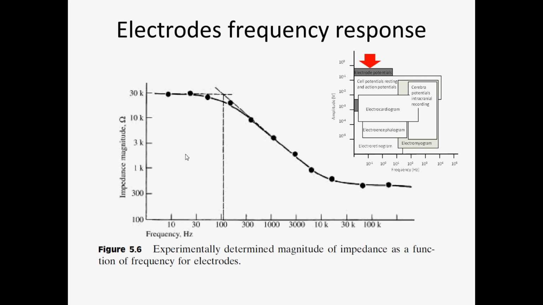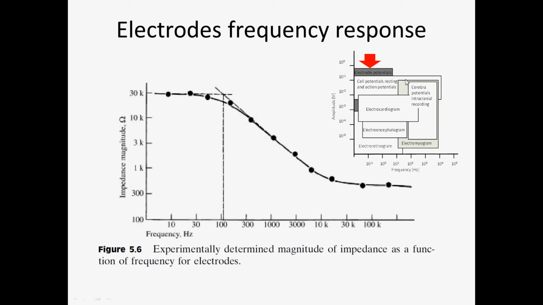That is because electrodes have a characteristic with frequency. They have a proper frequency response, so their impedance changes according to the frequency of stimulation or the frequency of the signal that we're interested in.